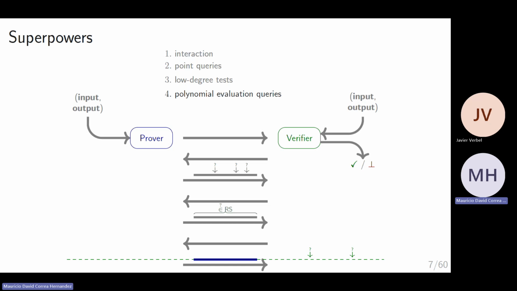You can think of it as saying, here are the coefficients of this polynomial, and the verifier gets to read the value that that polynomial takes in an arbitrary point, not limited to the evaluation domain for the code, as would previously be the case, but it can be an arbitrary point. So this is even stronger than the low-degree test, because once again, it synthesizes information about the entire vector into one answer, but the answer lives in a finite field. It's not just a bit, it's a field element.